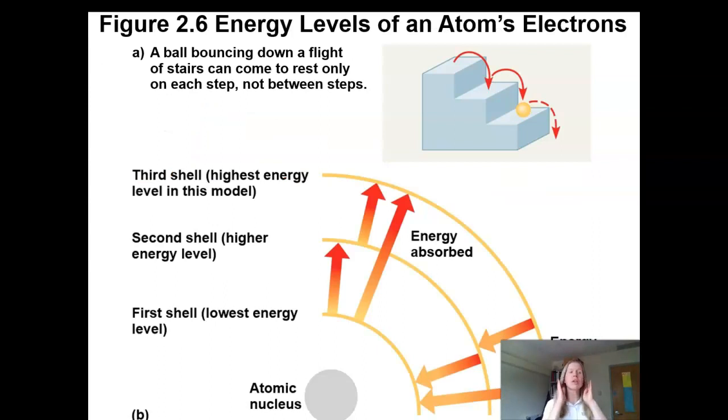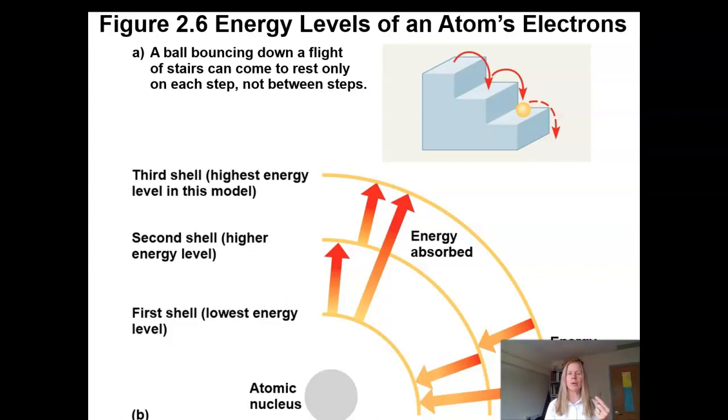Now, when we look at energy within atoms, what we're looking at is really where the electrons are located compared to the nucleus. So this picture is trying to show you that when we talk about orbitals, these clouds or areas that the electrons will be concentrated in, the closer to the nucleus you are, the less energy there is.